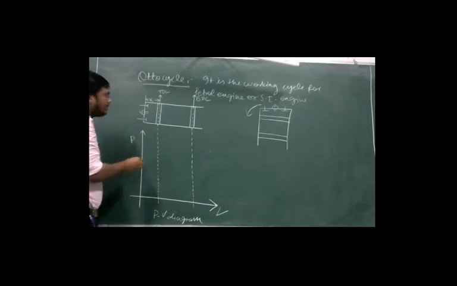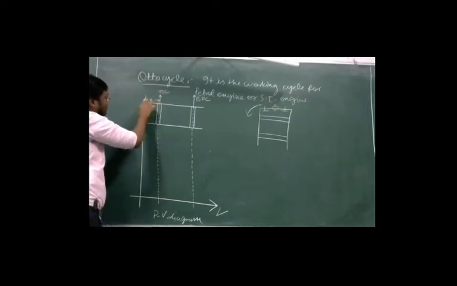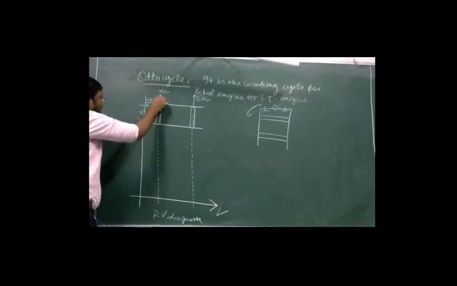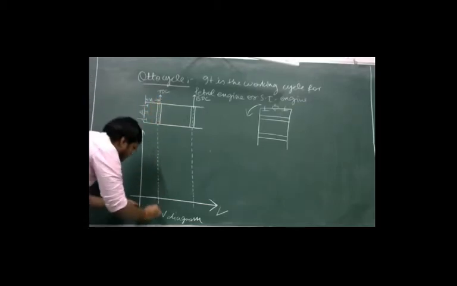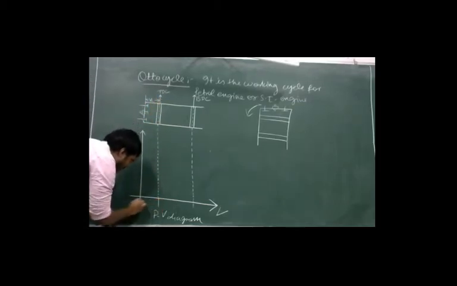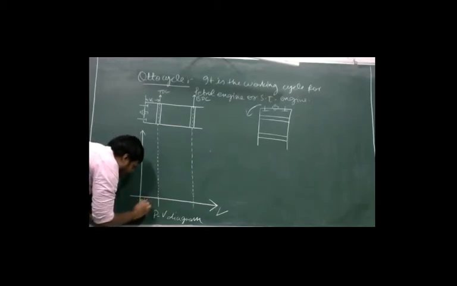The remaining space above the TDC position is known as clearance volume. So this space is nothing but clearance volume. So if this is clearance volume, on the volume axis we can say that this is also clearance volume, VC.